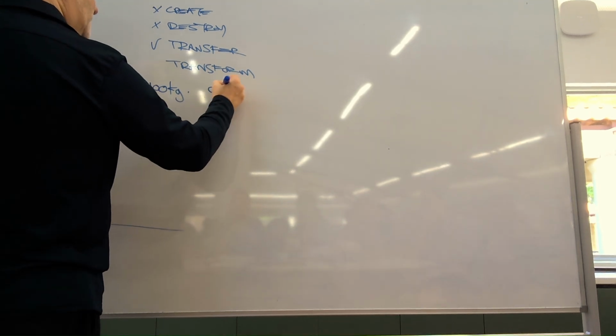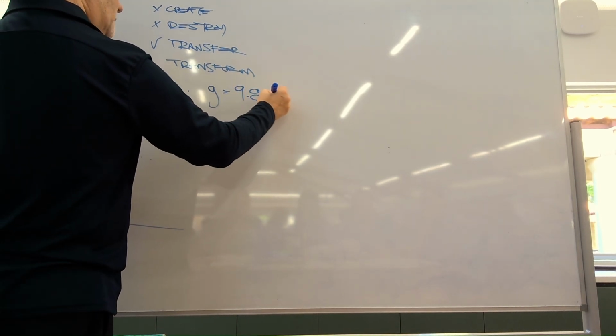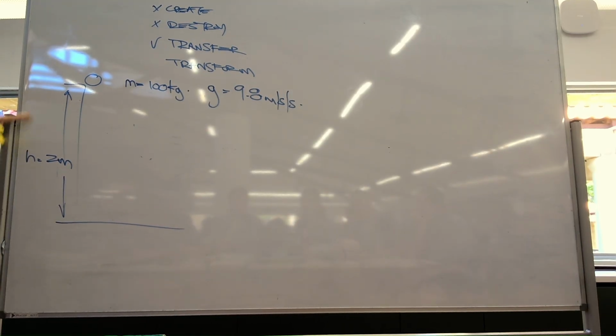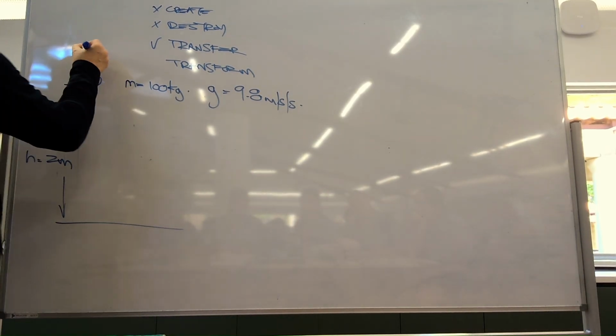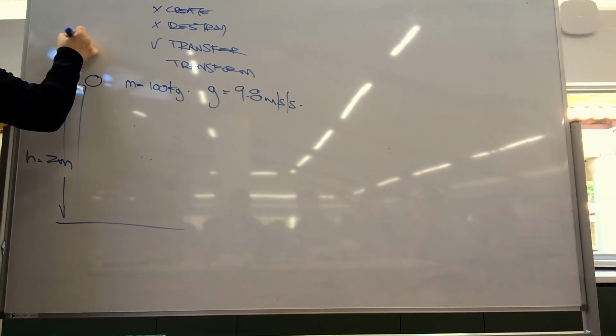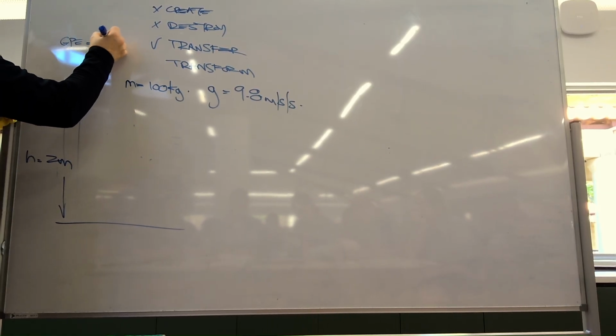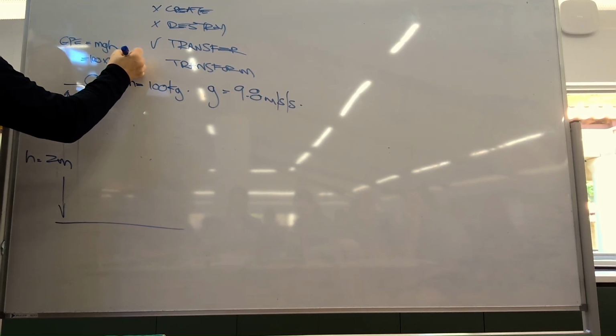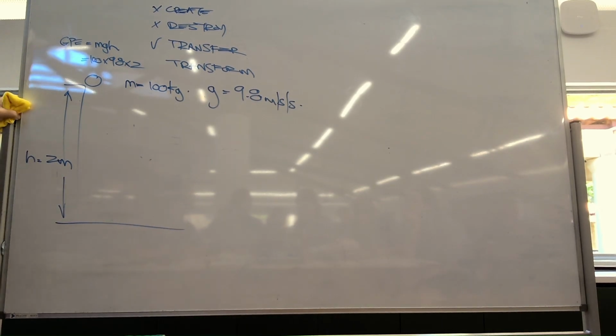And we know that gravity is 9.8 meters per second per second. So the GPE at the top here, GPE equals mgh. m is 100 times 9.8 times 2.